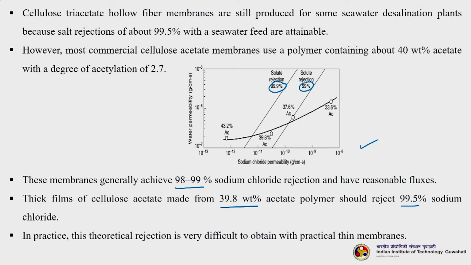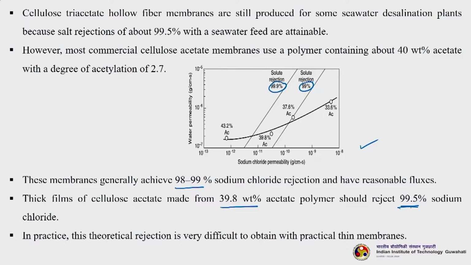So, it has been reduced to 98.5 to 98.9, close to 99, however, not much reduction. When these commercial thin membranes were prepared, they do not exactly match the theoretical prediction of 99.5%, however, they are very close. That is why they have gained a lot of popularity nowadays.